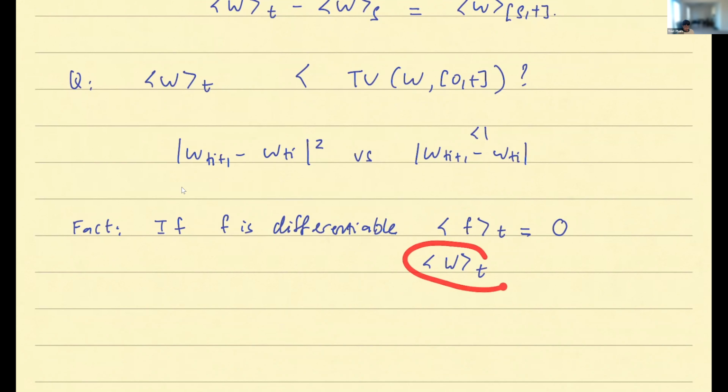Now for Brownian motion, of course, Brownian motion is not differentiable. Care to guess what the quadratic variation of W, of Brownian motion, is? It's not 0, it's not that good.